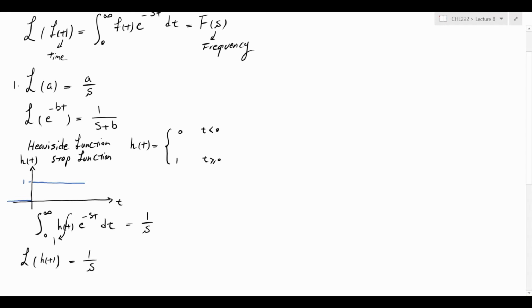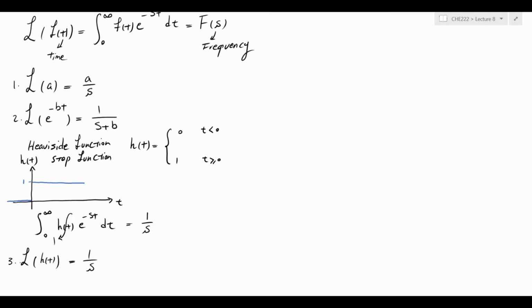In addition to these three functions, there are other functions that we may need to take the Laplace transform of. But for now, I will continue with this topic and try to get to the application of the Laplace transform.